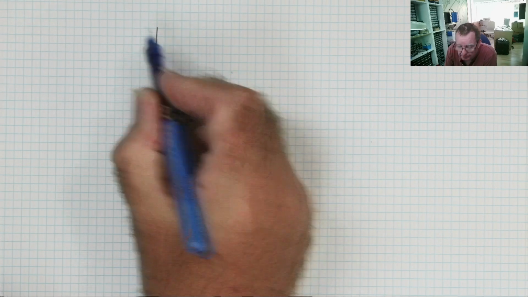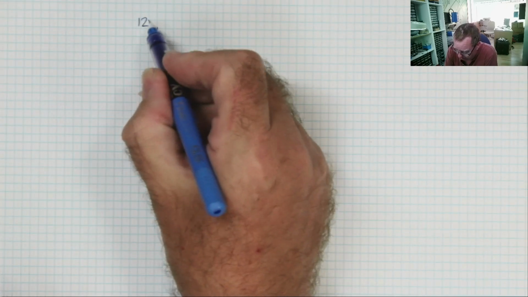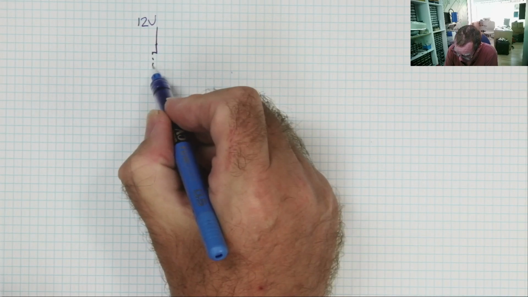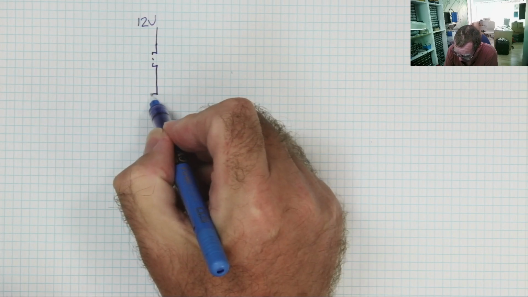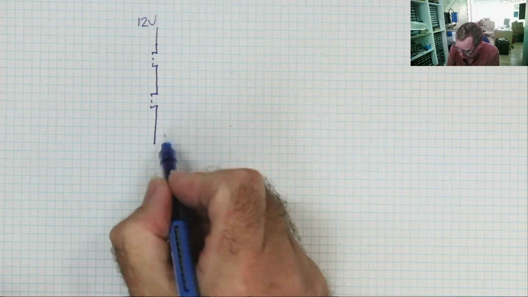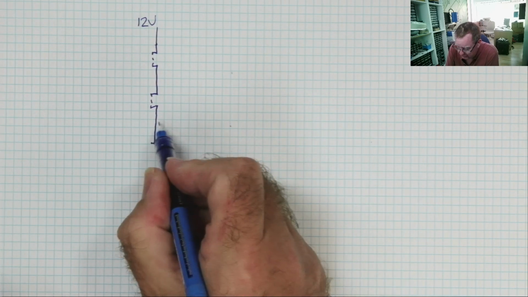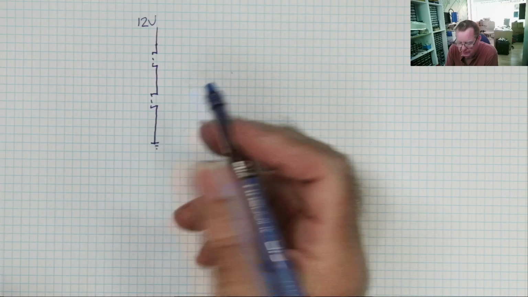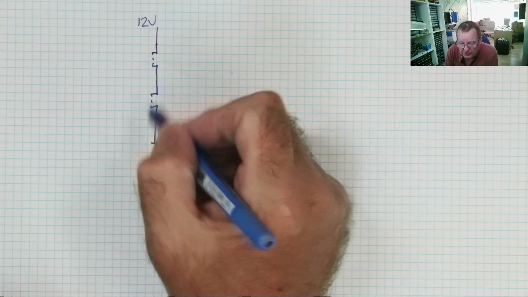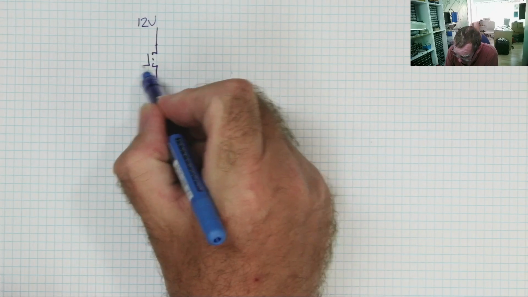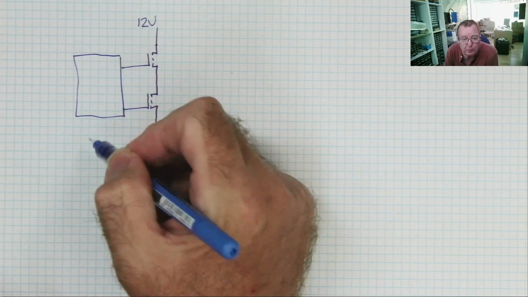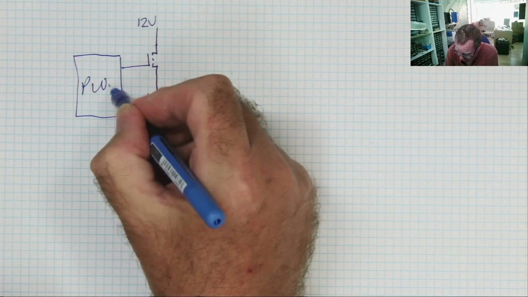We have a supply, usually 12 volts on these sort of boards, could be a 5 volt supply, which comes down to 2 MOSFETs. 2 N-channel MOSFETs connected in series, and the other end goes to ground, sometimes with a low value resistor here to monitor the current, but if so, it's a very low value resistor, so that's not really relevant to this. We have the gate of the 2 MOSFETs switched by the controller pulse width modulation.